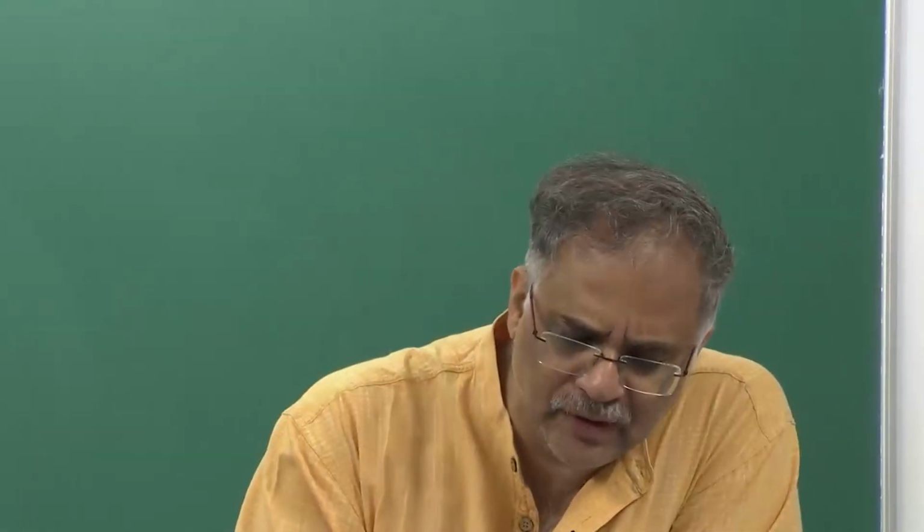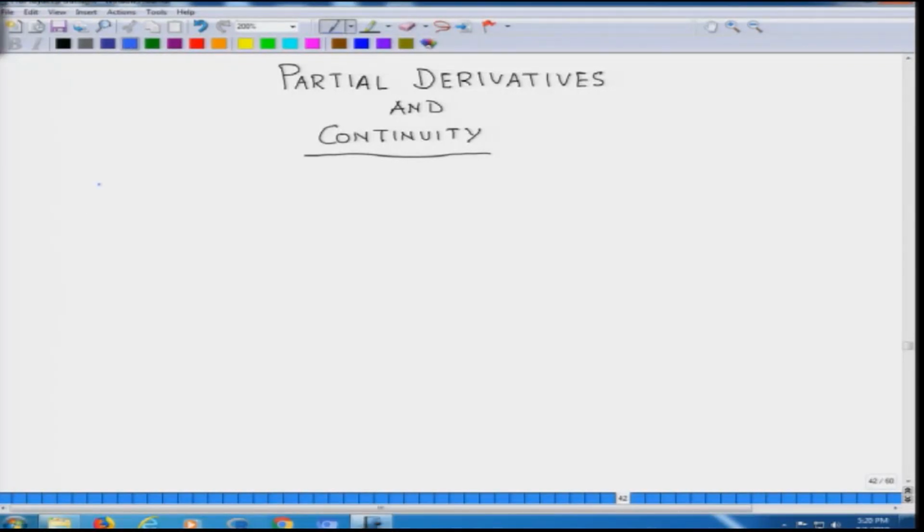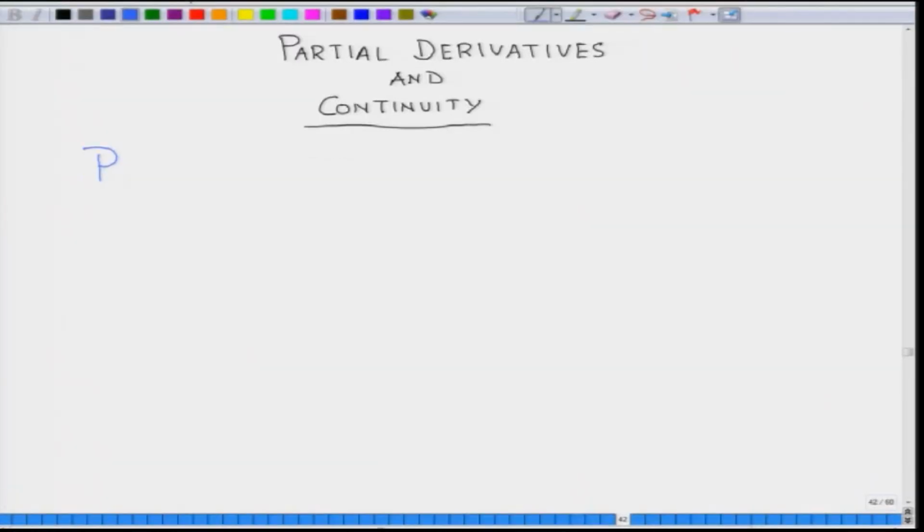So, what are partial derivatives? Let me define a partial derivative. First I will define it for a function of two variables, that is, I will consider a function from R2 to R, and I will write this function as z equal to f of x y.